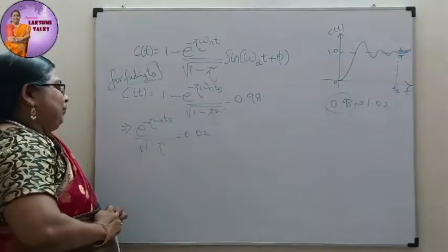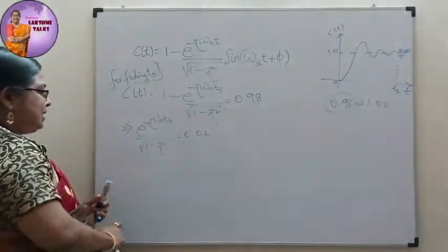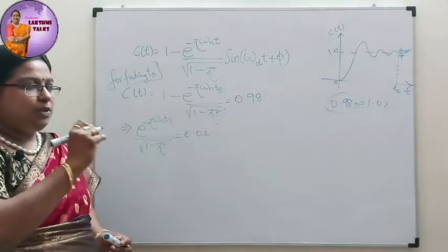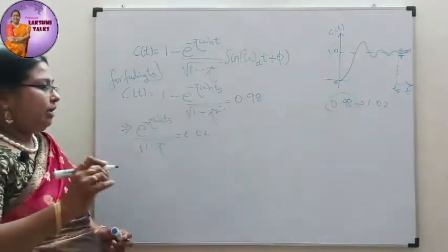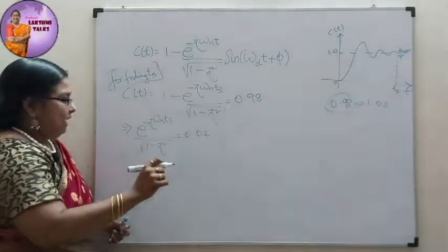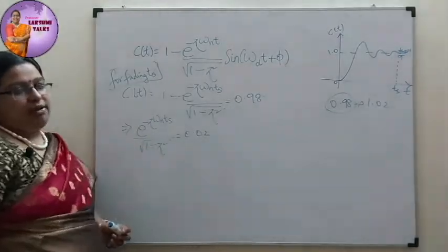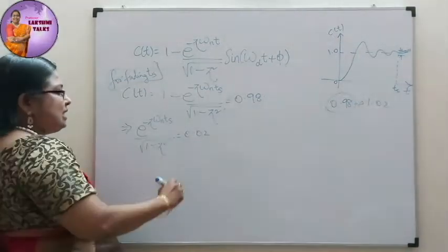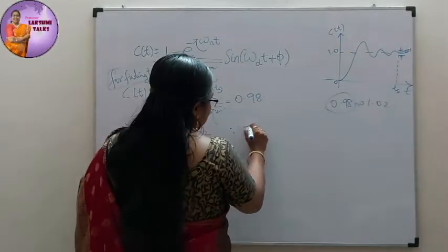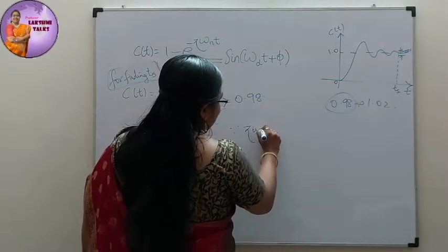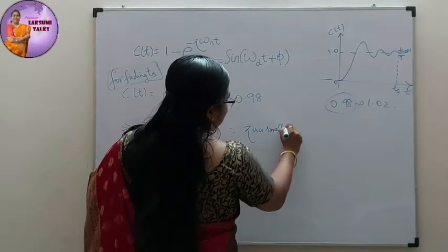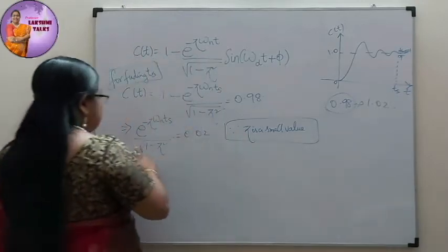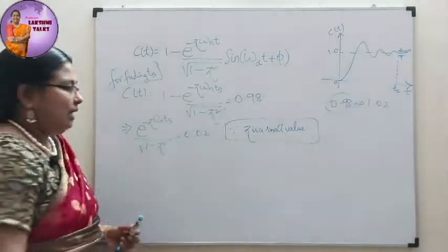Now see, this damping ratio zeta for an underdamped system lies between 0 and 1, and it is a small value, and when you square that small value, it is almost negligible. So since zeta is a small value, this root of 1 minus zeta square need not be considered.